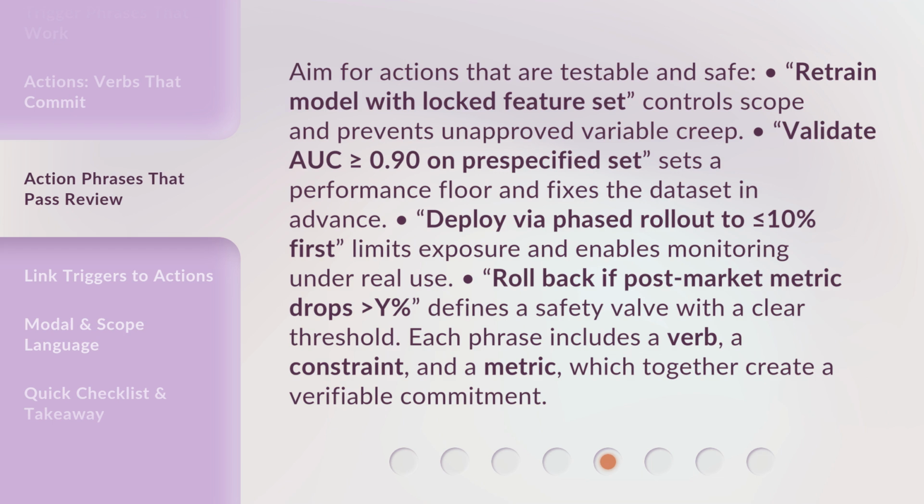Deploy via phased rollout less than or equal to 10% first: limits exposure and enables monitoring under real use. Roll back if post-market metric drops greater than Y%: defines a safety valve with a clear threshold. Each phrase includes a verb, a constraint, and a metric, which together create a verifiable commitment.